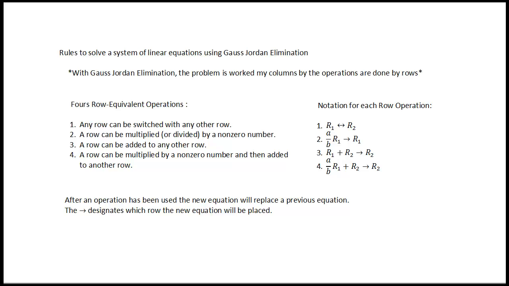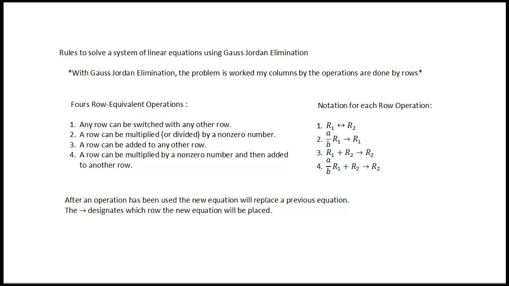The way that rule number 1 will look in terms of symbols is that row 1, double arrow row 2, and that double arrow means switch. For rule number 2, it could be a fraction times row 1, and the arrow to row 1, which means that the new answer is going to replace row 1. The same row is what you're trying to fix.